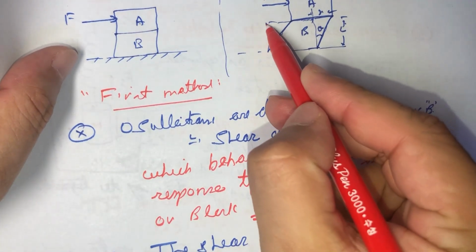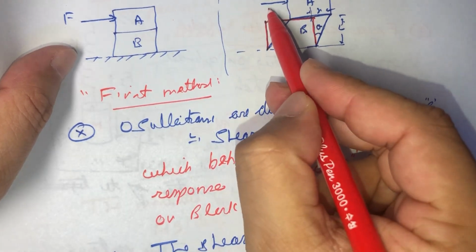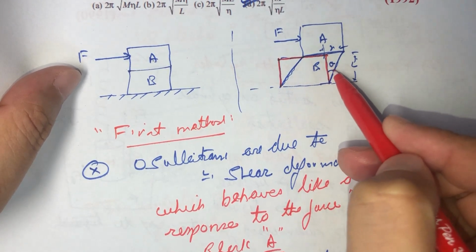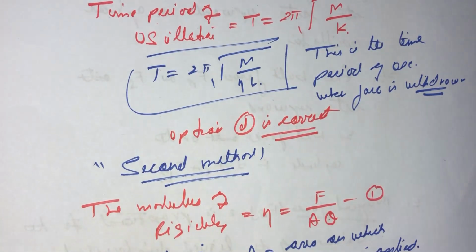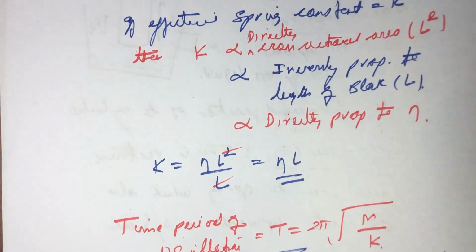Okay, so this was our original position, and when force F is applied, it is deformed by an angle of theta. So theta is the angle by which the body is deformed.